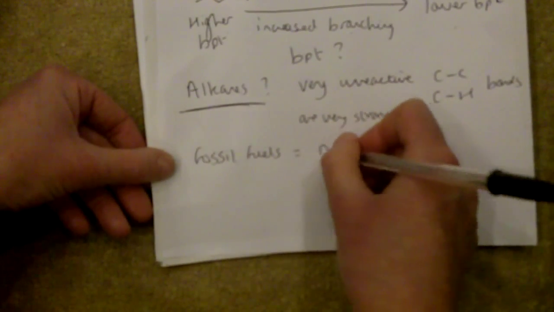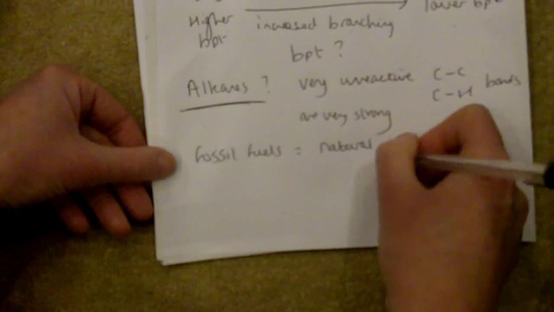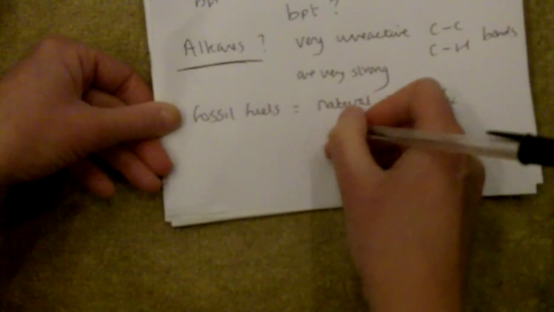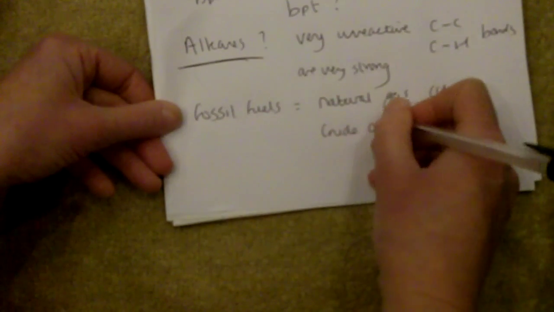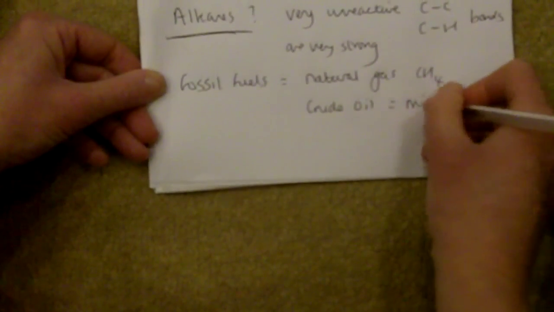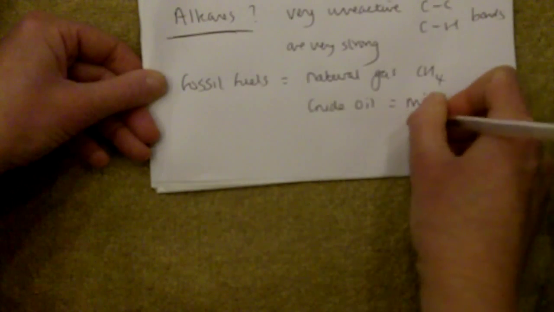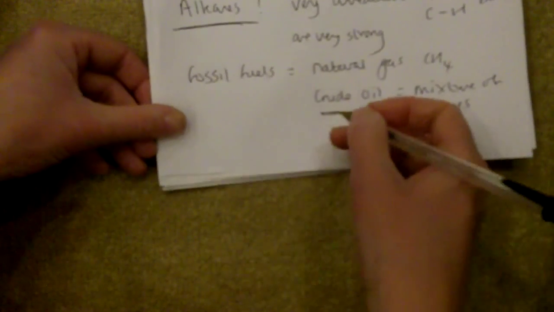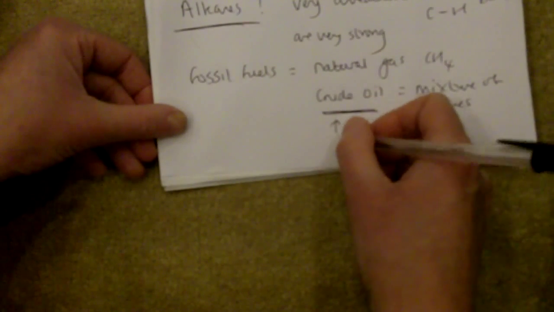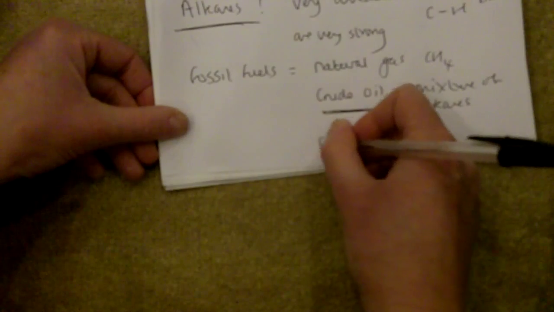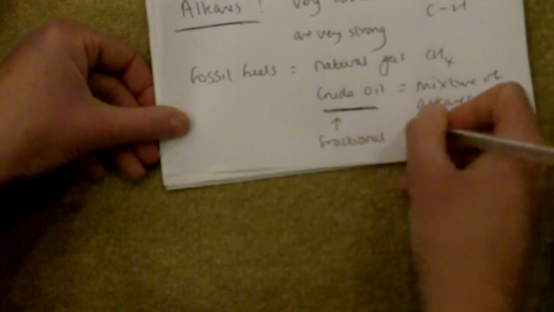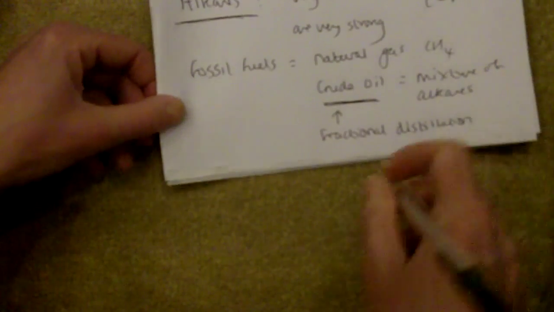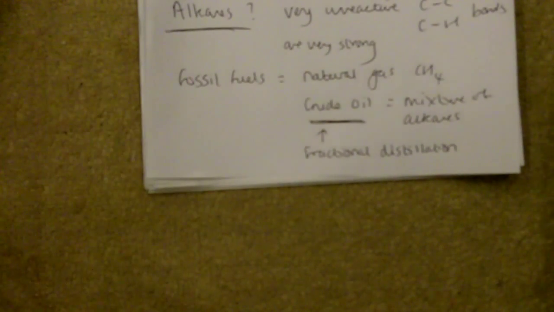Natural gas contains methane, amongst other things, and crude oil is a mixture of alkanes. What needs to happen to crude oil in order to get the alkanes? You have to do fractional distillation of the crude oil in order to get the mixture of alkanes.